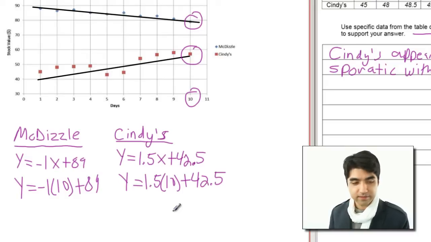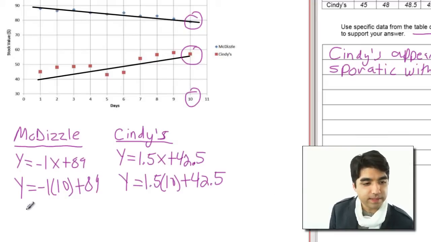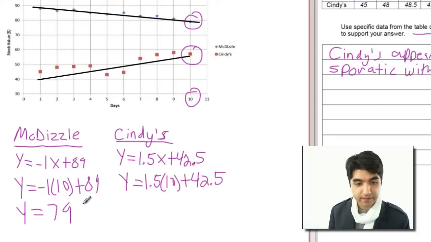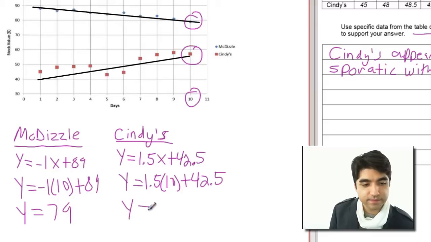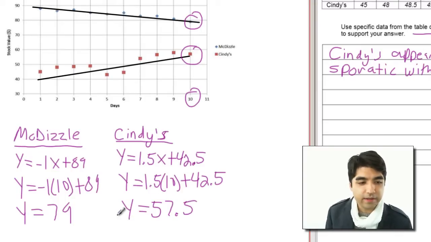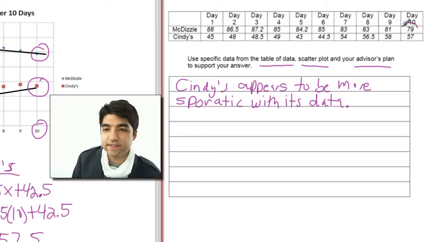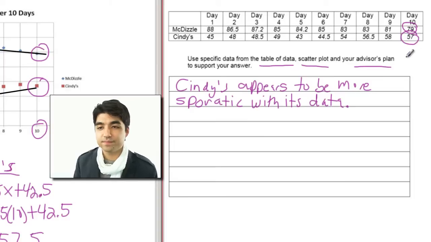And if we solve that, mcdizzle's would be 79 and Cindy's would be 57.5. Now, if you look at the data on the data table, it says 79 for mcdizzle's and Cindy's is 57.5.